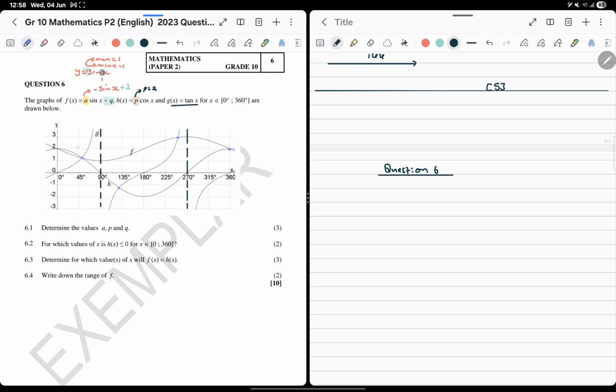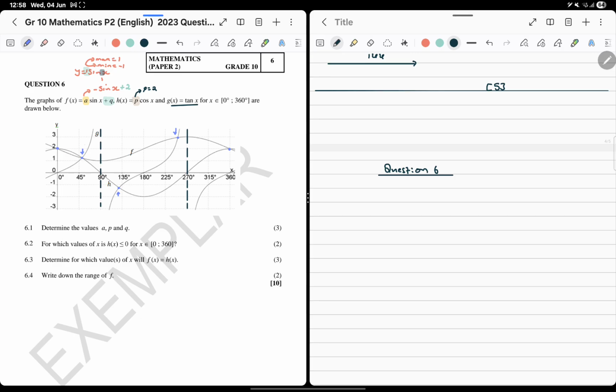This one, there's no way of knowing it without some calculation. Let's just highlight the ones that will need us to do more. Okay, this one is another point of intersection that we can clearly see. So this is very good. This is very easy. Now we are ready to start answering.